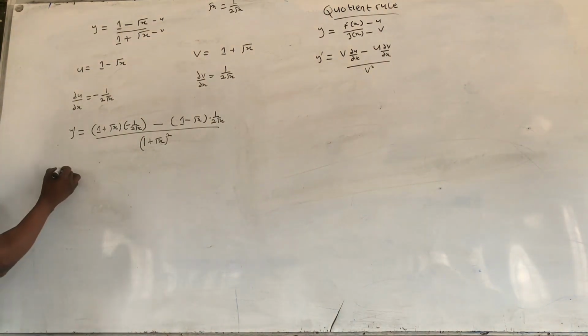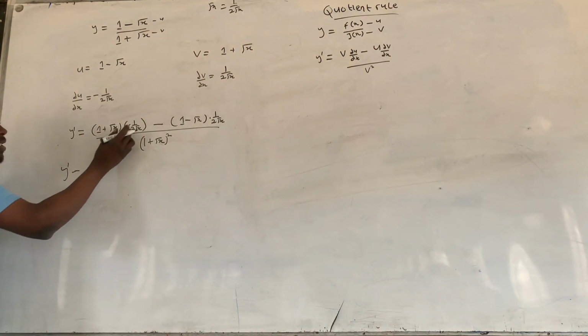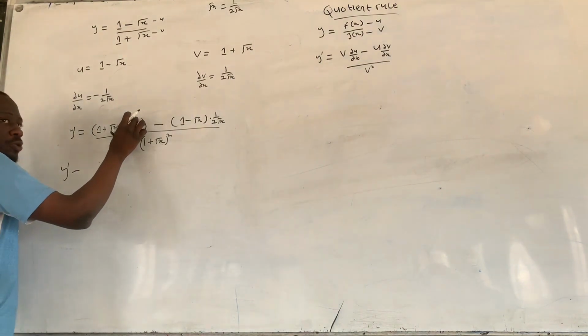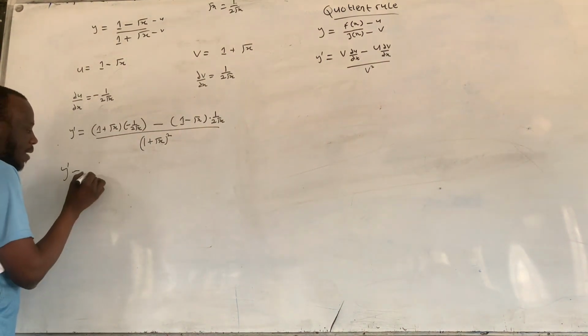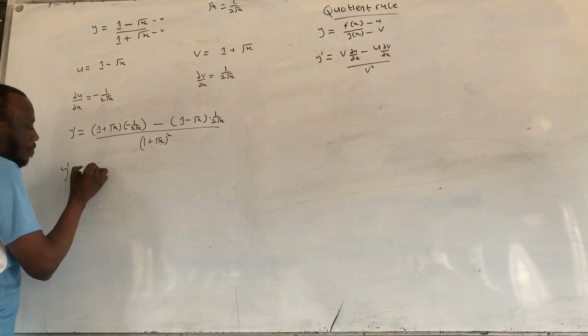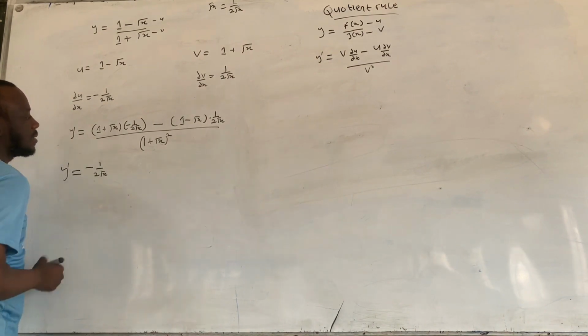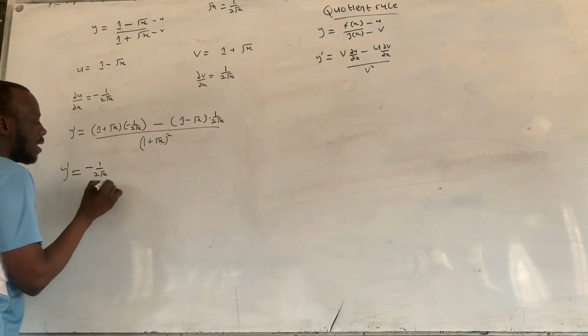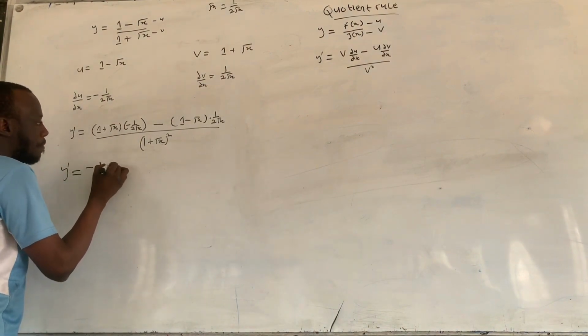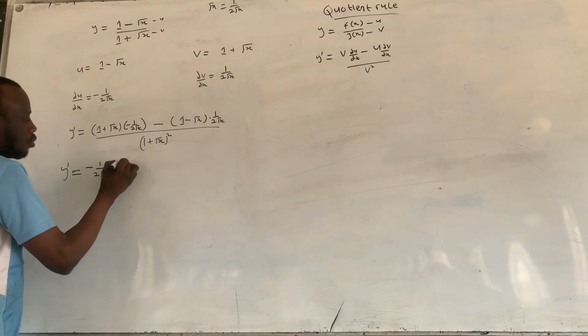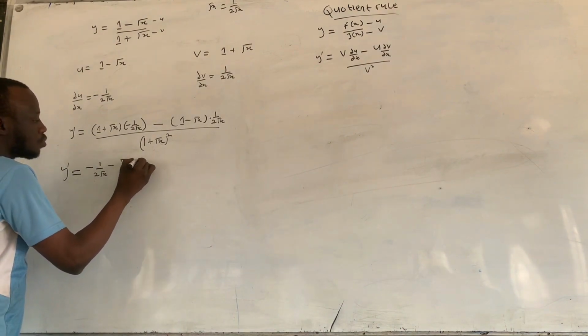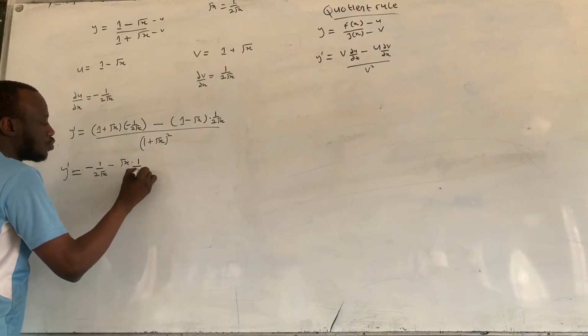So now y prime, we open this bracket. We have minus 1 over 2 root x, then minus 1 over 2 root x times root x. Then minus times plus, we have minus, root x times 1 all over 2 root x.